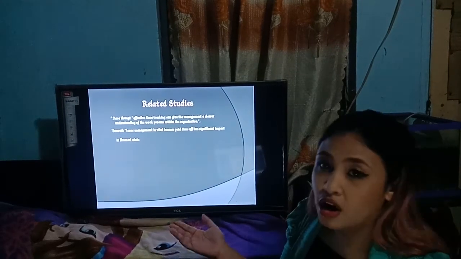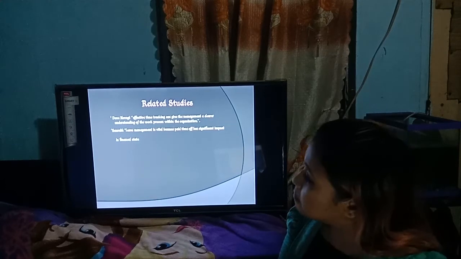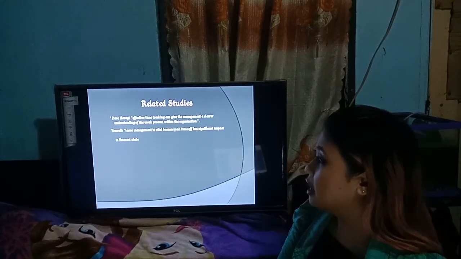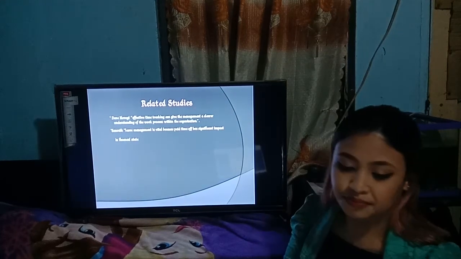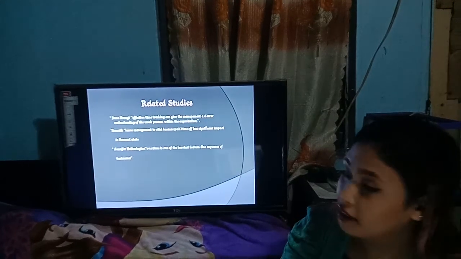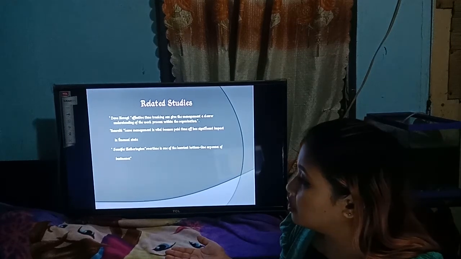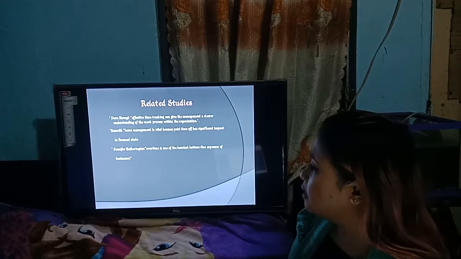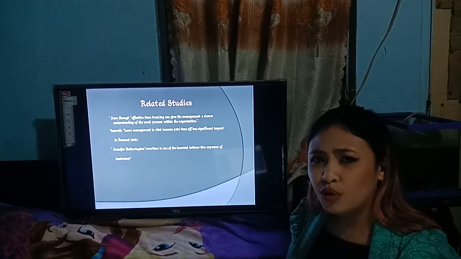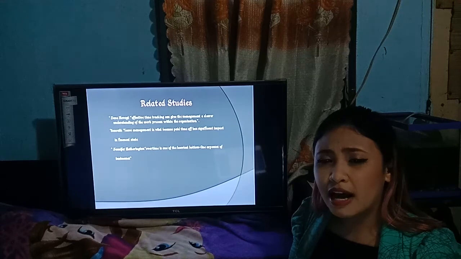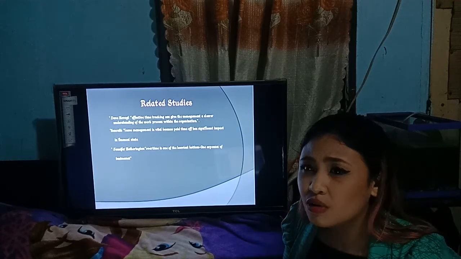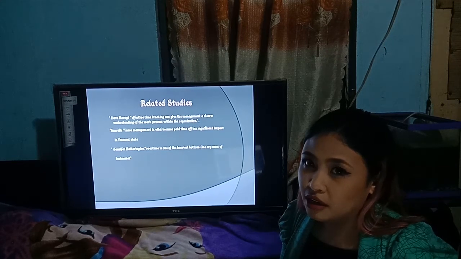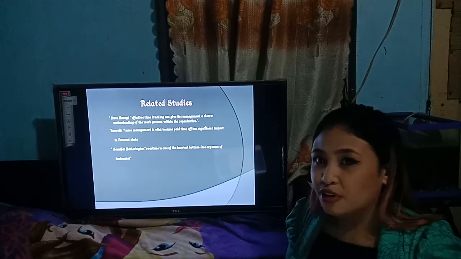And according to Saurabh, leave management is vital because paid time off has a significant impact on the financial state. Jennifer Hetherington wrote that overtime is one of the heaviest bottom line expenses of businesses. So if we have proper overtime management, we can see which employees are abusing it, and which employees are not taking their overtime.